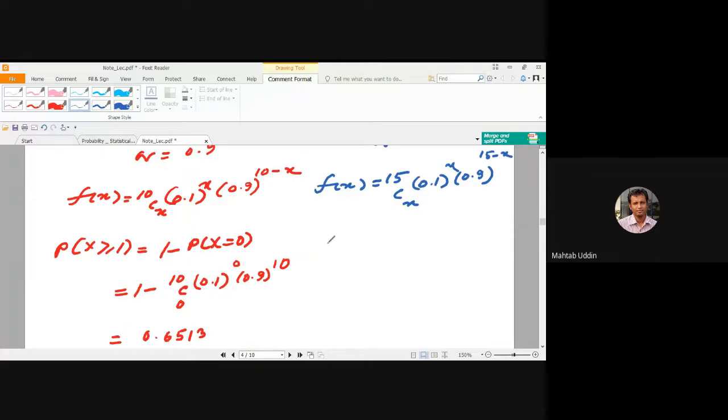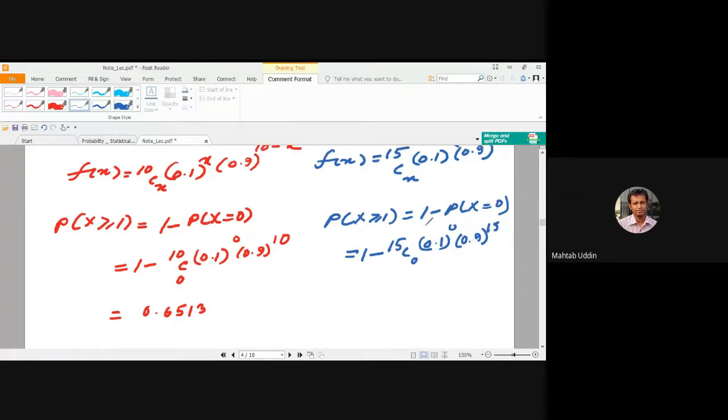Once again, P of x greater than or equal to 1 is 1 minus P of x equal to 0, which is 1 minus 15 C 0, 0.1 to the power 0, 0.9 to the power 15. It is 0.7941.